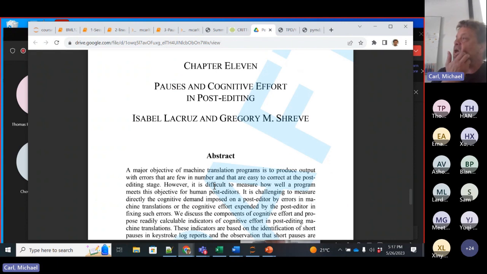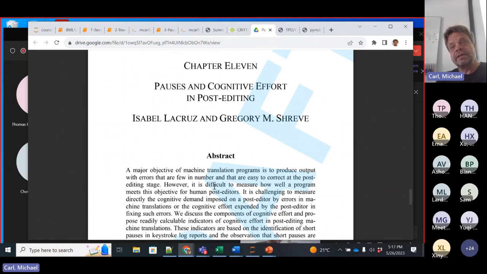And so the idea is the longer the pauses are, the more difficult the text is. So the pauses would give an indication of text difficulty, or maybe, I mean, difficulty is relative to the experience of the translator, and that goes together.